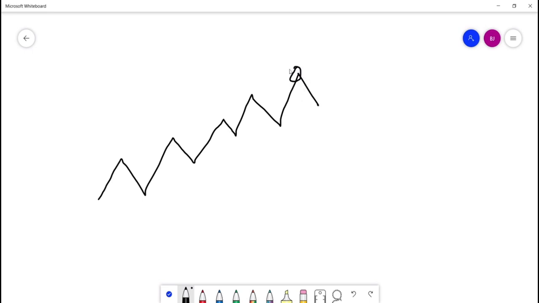Now, you could short this way, but it's much easier to wait for confirmation for the market to break structure. And this move right here is actually called the backside, because think about it, you are behind this trend line now. Before, you were in front of the trend line, now you are behind the trend line. This is called the backside.